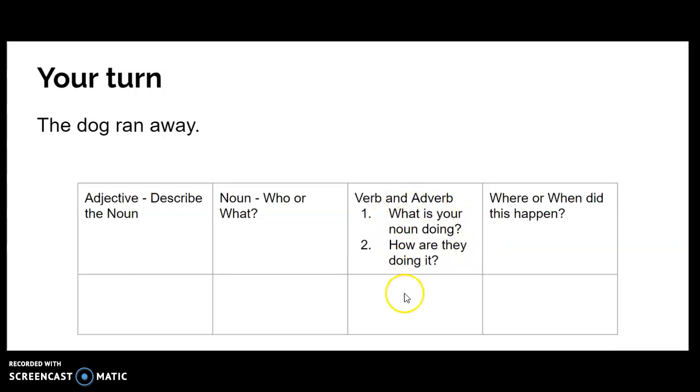Okay, then you're going to put ran in the verb, and then where you're going to describe how they ran. They ran fast. They ran with energy. Okay, and then where or when did this happen? Down the street or around the block. Okay, so it can be the energetic dog ran enthusiastically down the street. See how that expands? Okay.